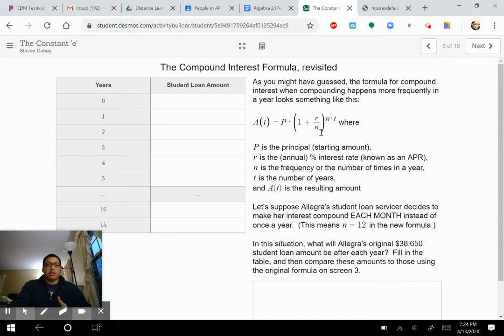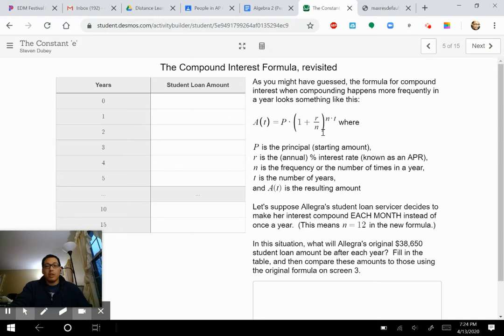So if it was each month, then we take the interest rate and divide it by 12, but then we do this 12 times in 1 year. So hopefully this makes some sense. Feel free to take your time with this formula. But that's basically what's going on.